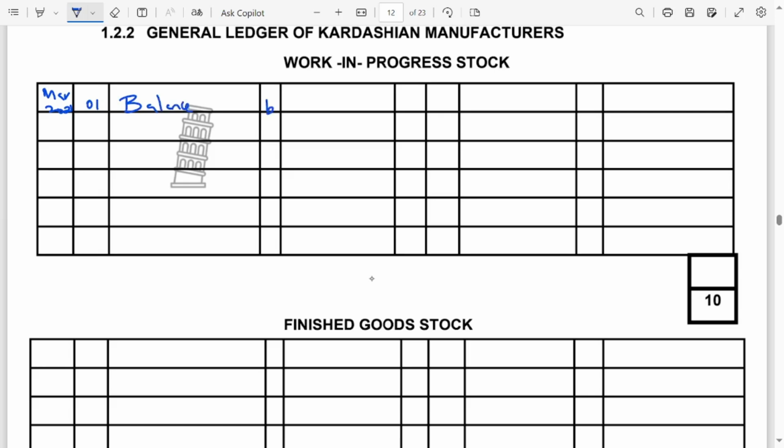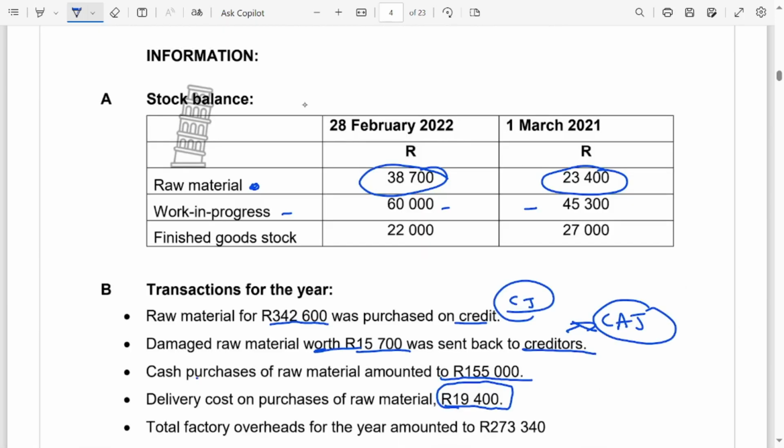Now, talking about the work in process account, these are the semi-finished goods. These are goods that are still in production. So that is why it is called work in process. So it's an asset, $45,000.